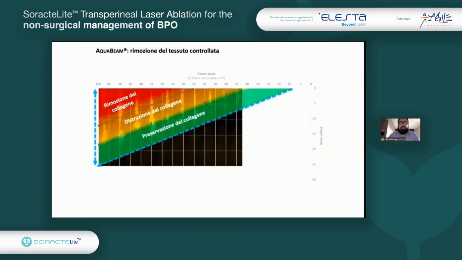This aspect is very important to preserve antegrade ejaculation of the patient, because preservation of muscle tissue, of the bladder neck, and of the ejaculatory ducts is very important to preserve ejaculation in these patients. The preservation of vascular tissue is very important with regard to bleeding after this procedure, because the real problem of Aquabeam is hemostasis, because the water jet does not perform hemostasis after the treatment.